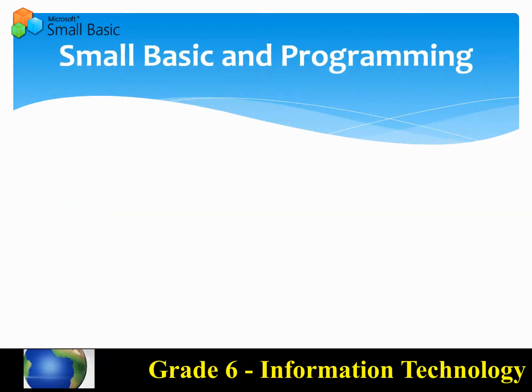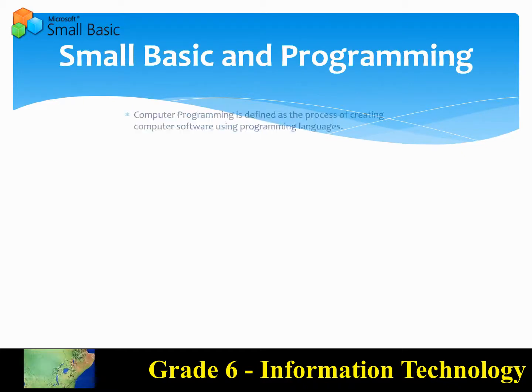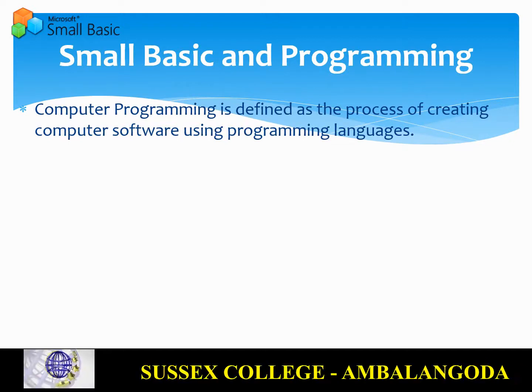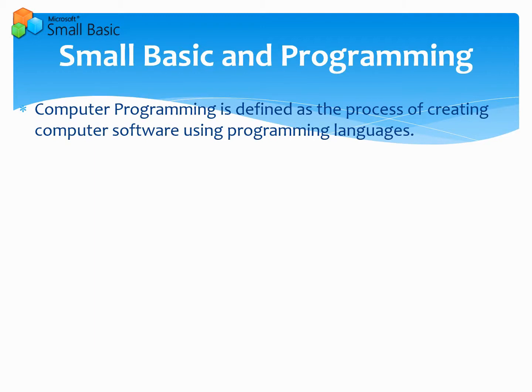First of all, let's see what a computer language means. It is a process of giving instructions to the computer. You need to communicate. We are human, so we can communicate in English, French, or other languages. But a computer is a machine.